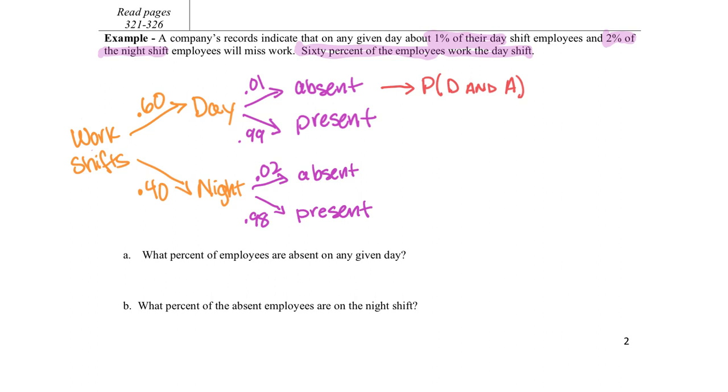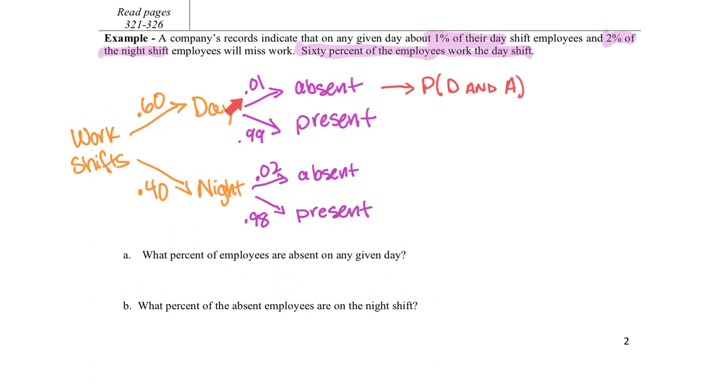I'm going to use the abbreviation D for day shift and A for absent. And I am going to just read down the line so you follow the trail. So it's 0.6 times 0.01. And we've talked about before that as long as these are independent events they should just be multiplied together.